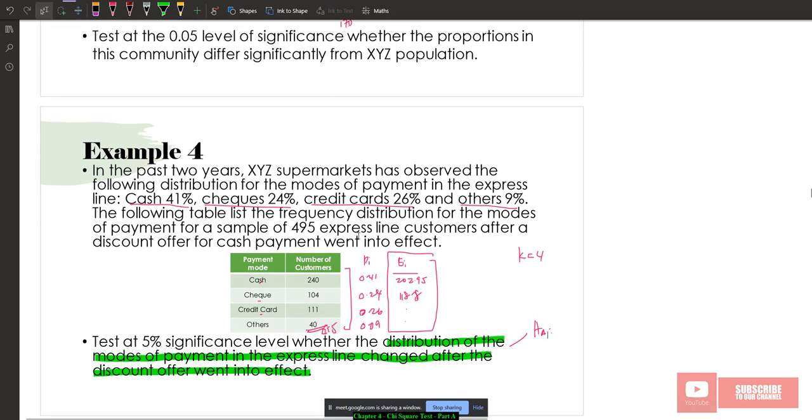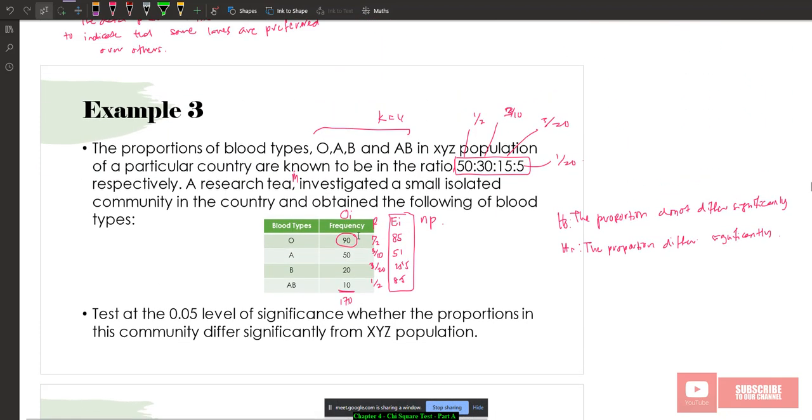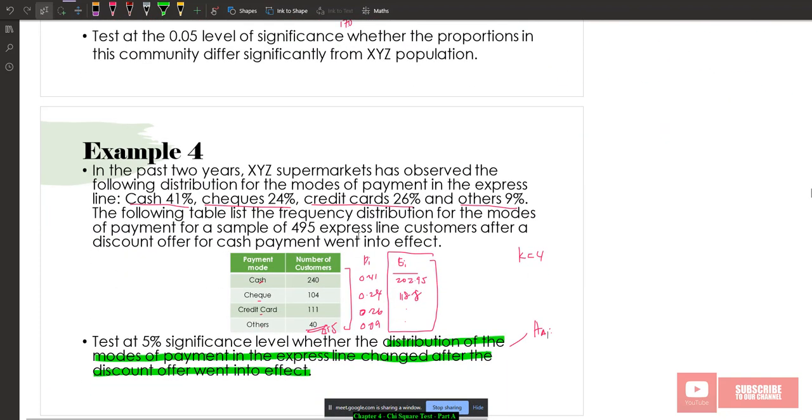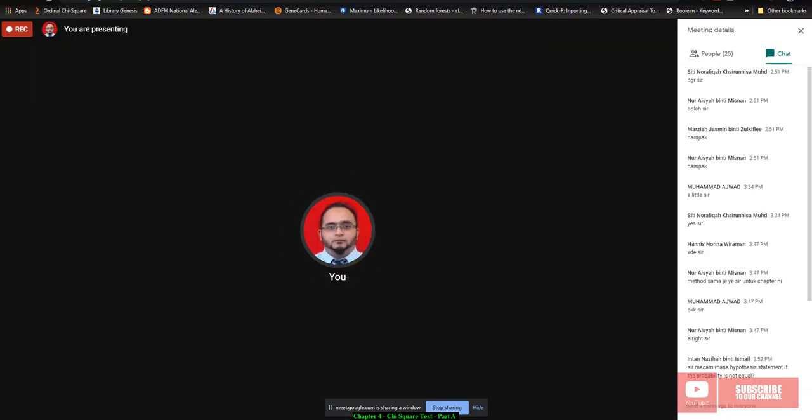For a start, I suggest you solve example number 3 and example number 4 as your homework. Any questions before we end our session? Please write them in the chat room.